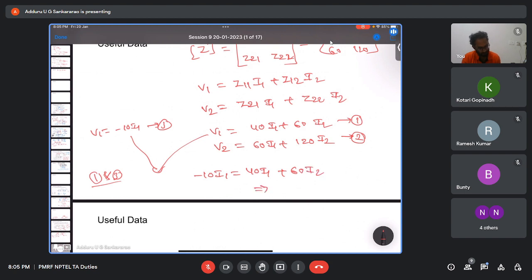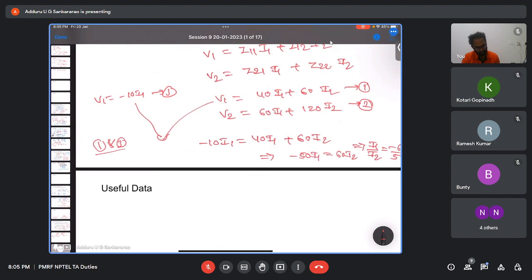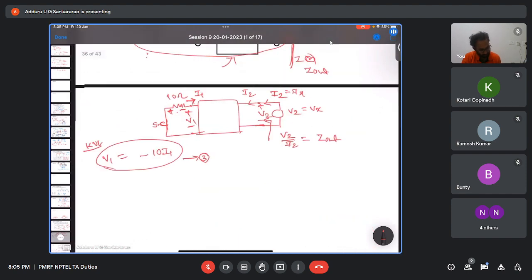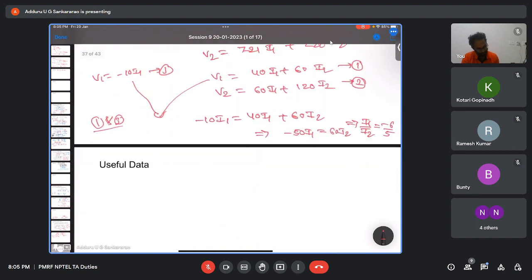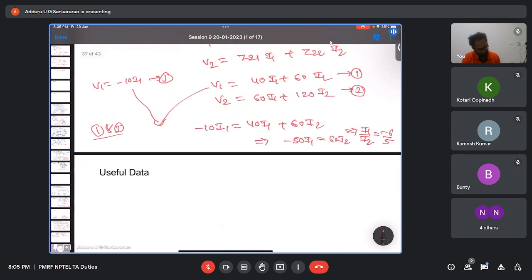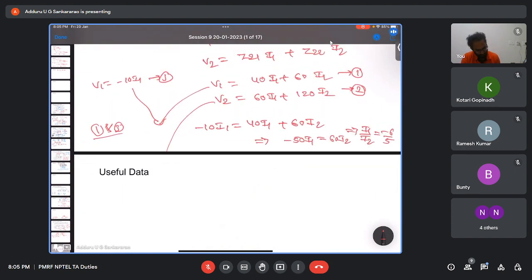So from here, minus 50 I1 equals 60 I2, which implies I1 by I2 equals minus 6 by 5. Something we got. And actually what I want to get is the V2 by I2 ratio. That's it.